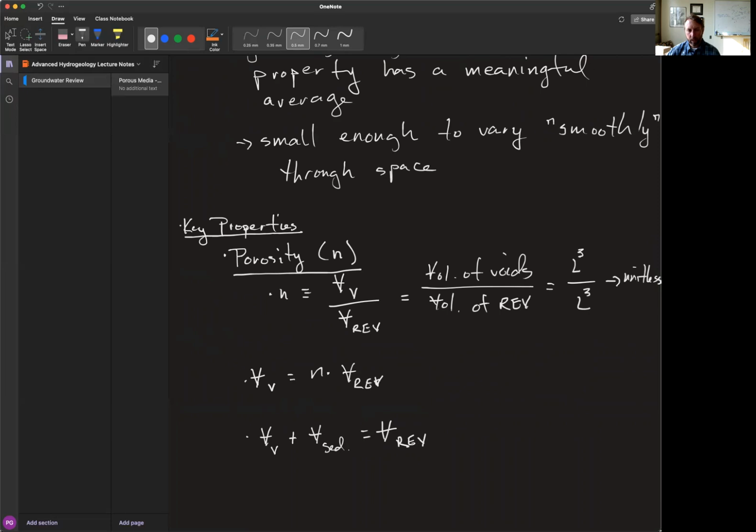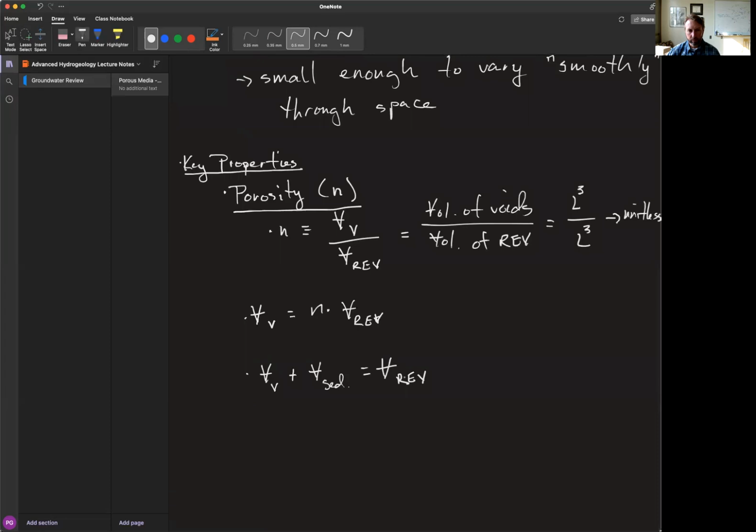All right. And I can divide everything by volume of REV, and I will get N plus, let's call this V sed over V REV, is equal to 1. All right.